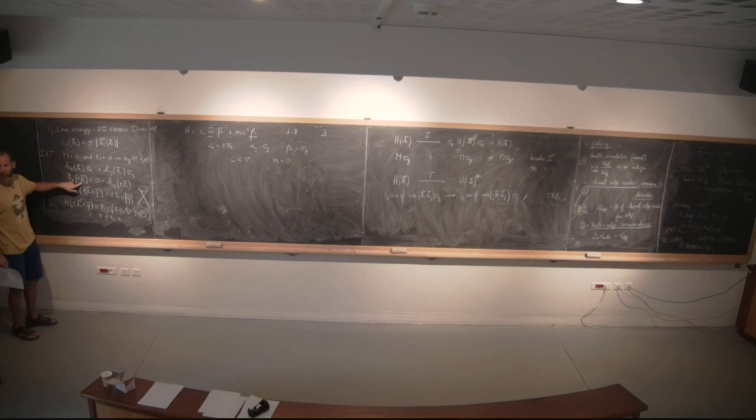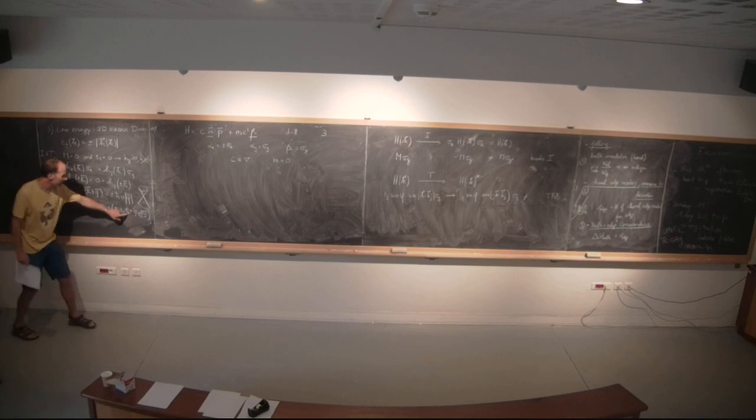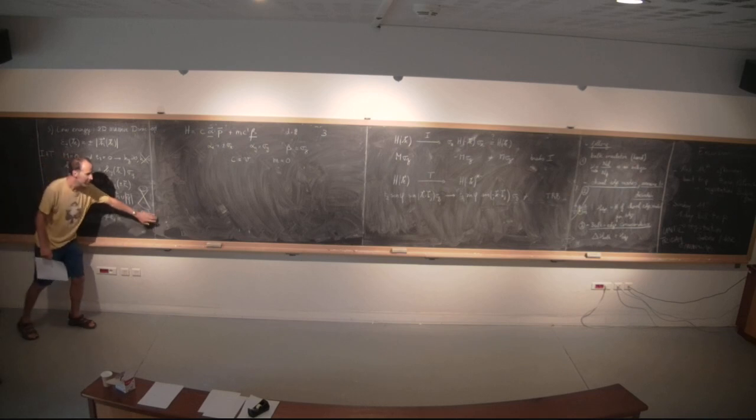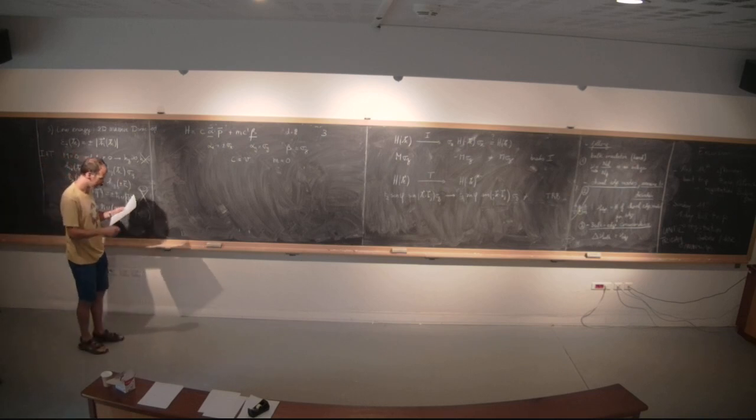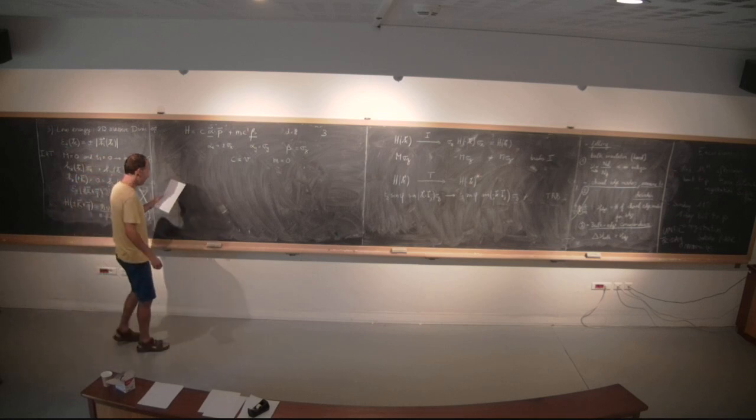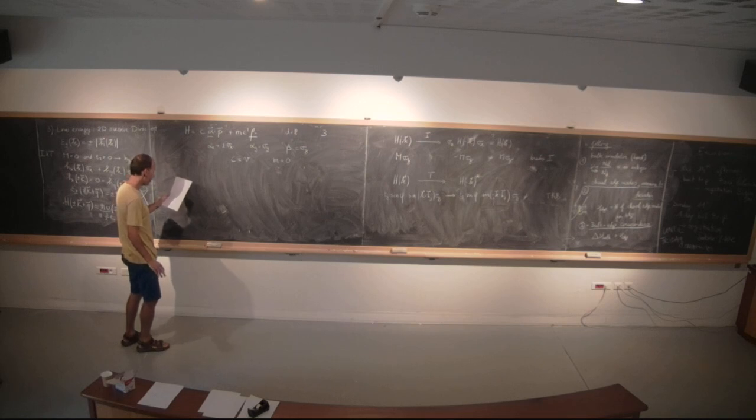So if you want to have a gap there, you need hz at plus K or minus K to be non-zero. And if you do this, then instead of having just sigma x and sigma y, you will have a sigma z as well. Okay, so this is a recap of graphene.